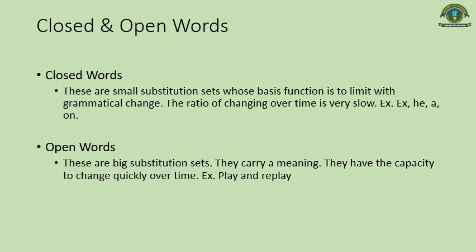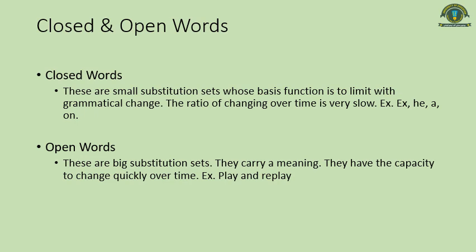The first categorization shows you a basic feature of each category: variable and invariable. Here we have another category, closed sets, and you can have open sets. Closed sets are finite and they change slowly over time.